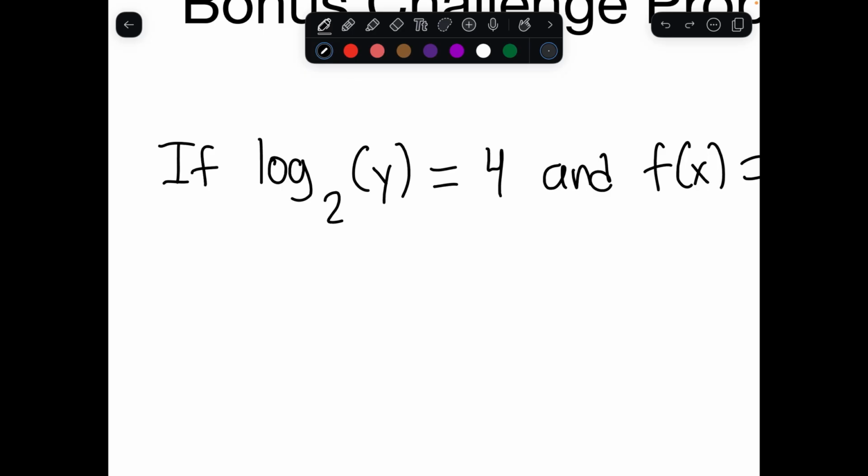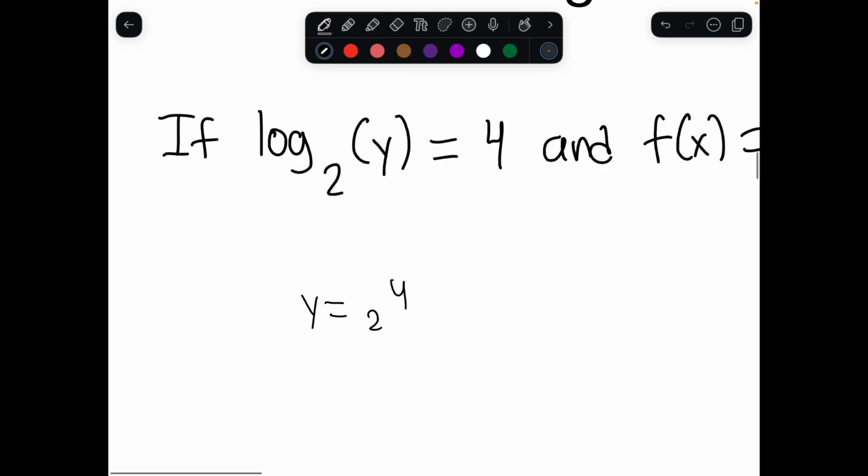To convert logs into exponents, you take the base and raise it to the power of this number. So y would equal 2 to the 4th, which means y equals 16.